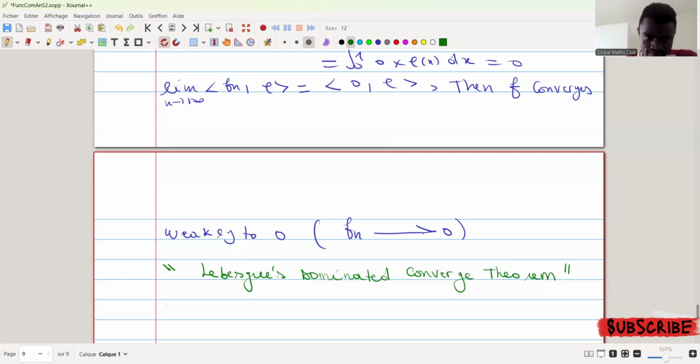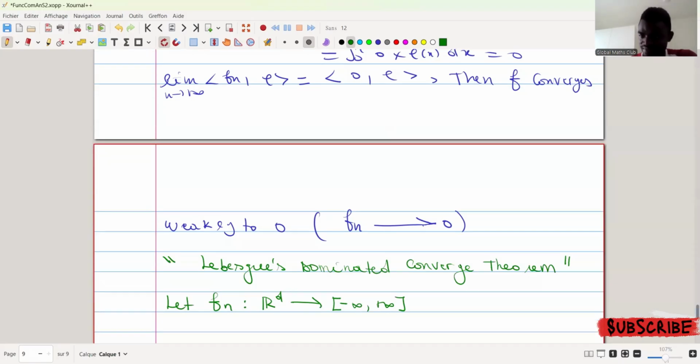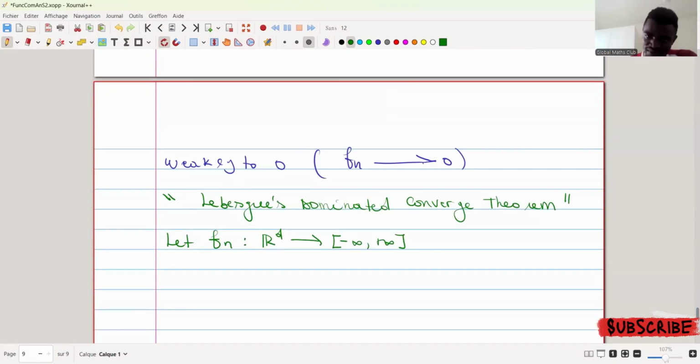Let Fn from R^d to R be a sequence of measurable functions.